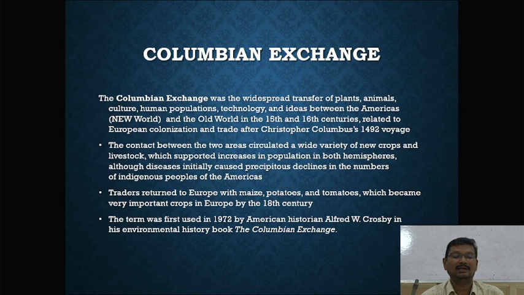Although disease initially caused a precipitous drop in the numbers of indigenous peoples of the Americas, traders returned to Europe with maize, potatoes and tomatoes, which became very important crops in Europe by the 18th century. The term was first used in 1972 by American historian Alfred W. Crosby in his history book The Columbian Exchange.